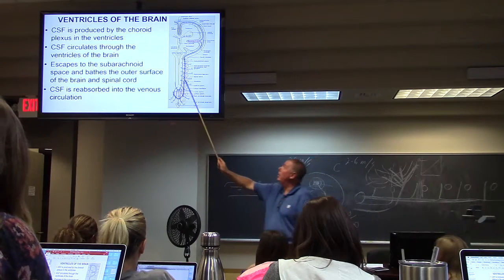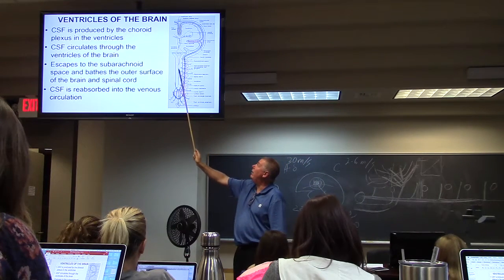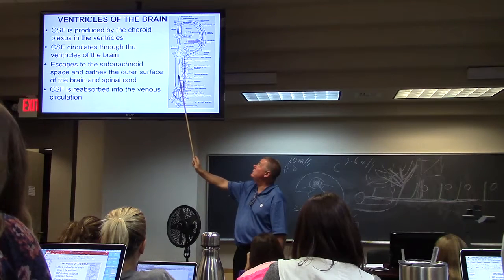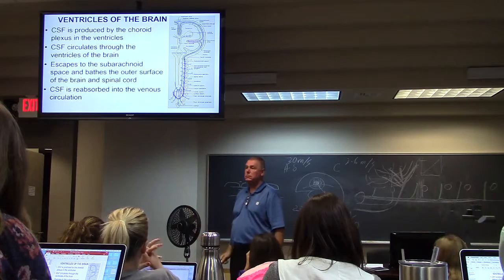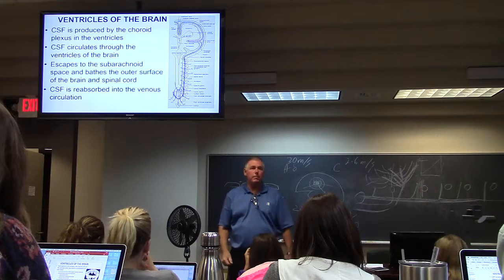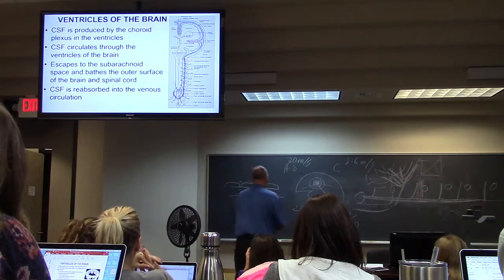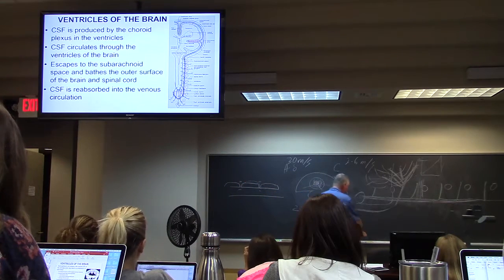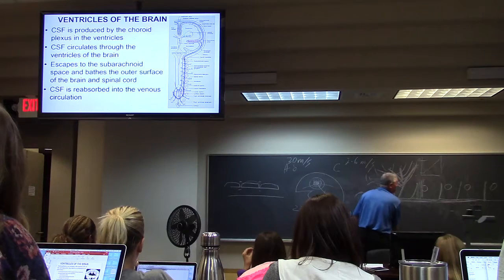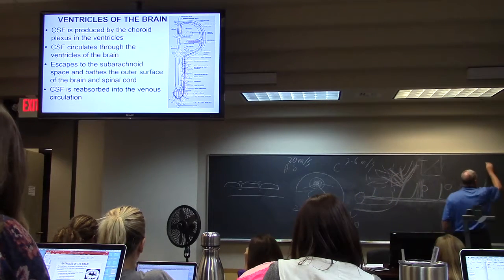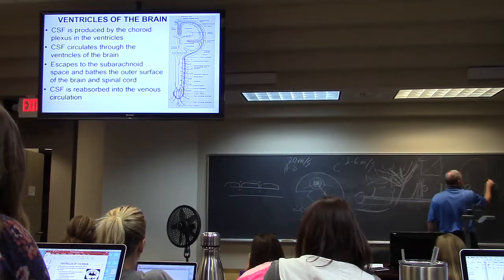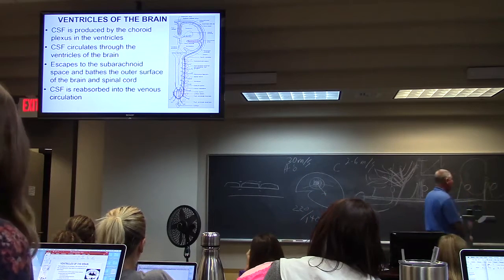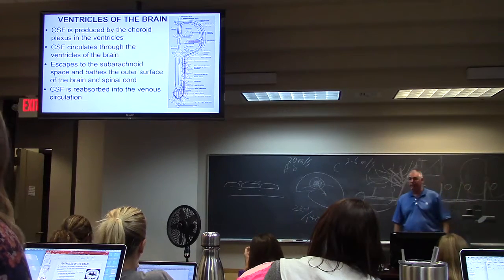CSF also circulates down through the central canal of the spinal cord. So when you look at pictures of the spinal cord, you recall that there's a little hole in the middle. That tiny little hole contains CSF.